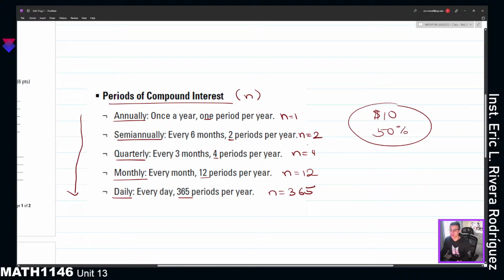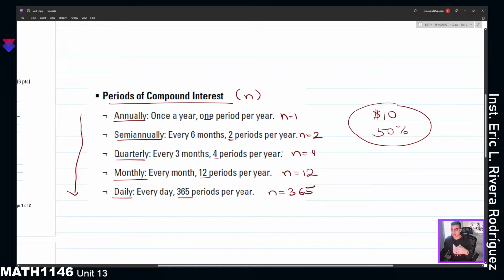In turn, if we owe money, we want our n to be very low. n equal to 1 is the best scenario if we owe money, because the interest over the money that we owe is going to be calculated just once a year.